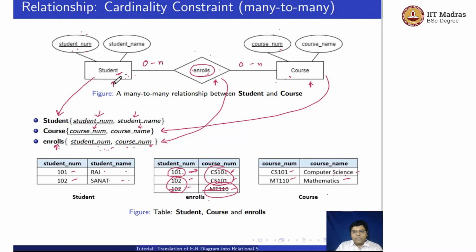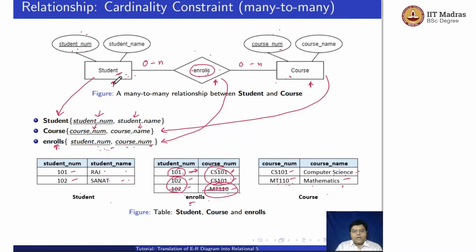So MT101 doesn't have any existence inside the enrolls table, means this particular course does not participate in the relationship with the student. That means there are no enrollments for mathematics. Similarly, if I want to say a student is not enrolled for any course, how can we say that?